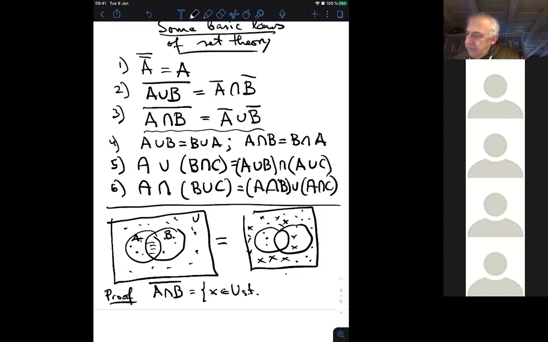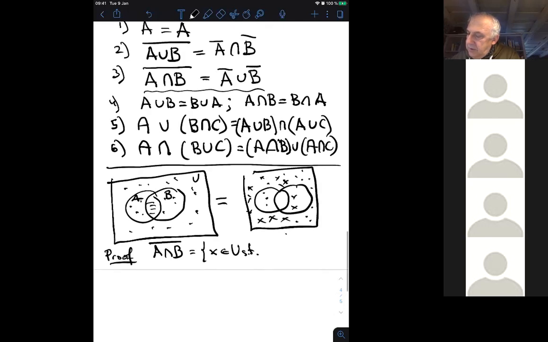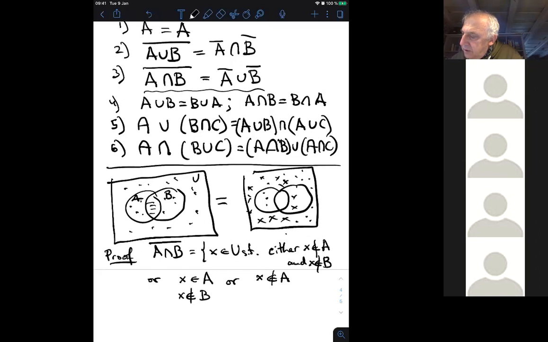So either x does not belong to A and x does not belong to B, or x does belong to A and does not belong to B, or finally, x does not belong to A, but x belongs to B.